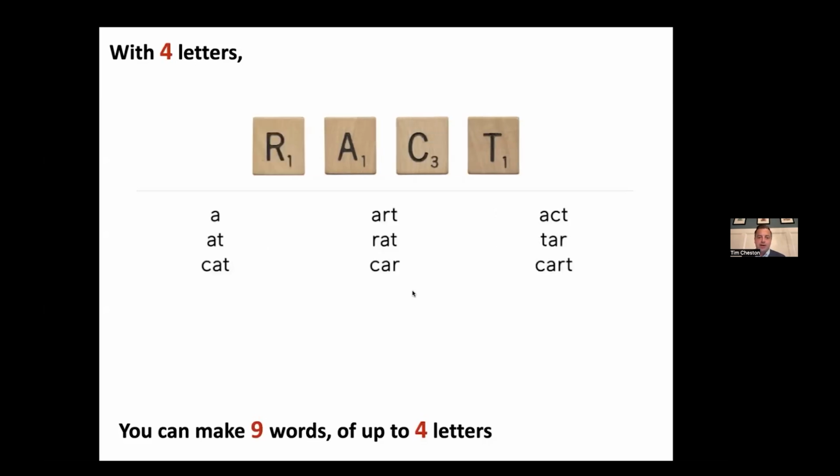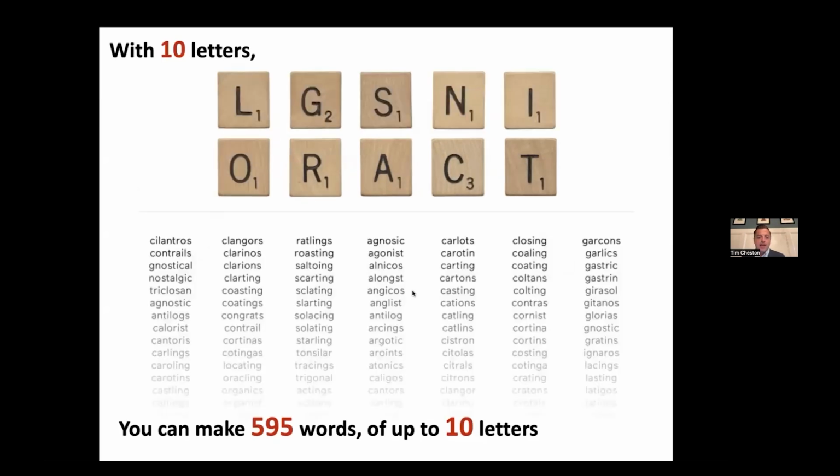We add a 4th letter, and now we can produce 9 words of up to 4 letters, and a word like cart, more sophisticated than what we saw before. And if you get up to 10 letters, the Scrabble dictionary tells us you can produce 595 words, and words like cartons, or glorias, much longer words of up to 10 letters that you see on the screen there.